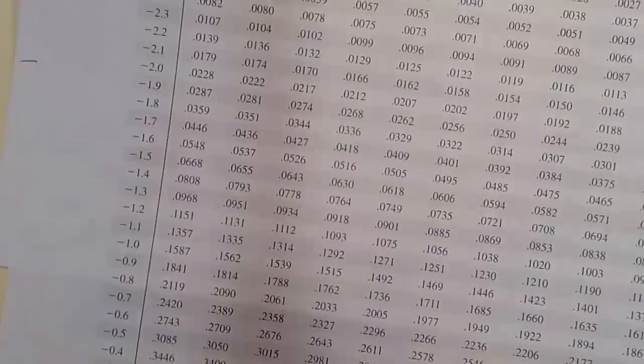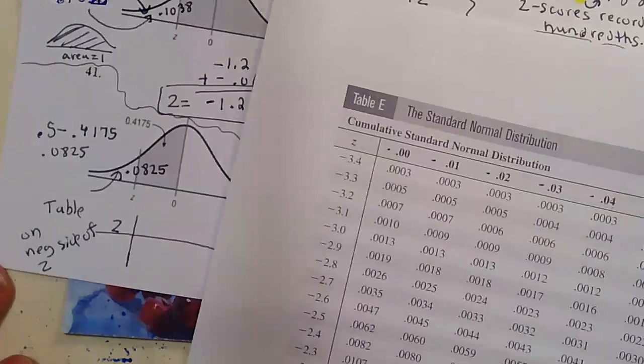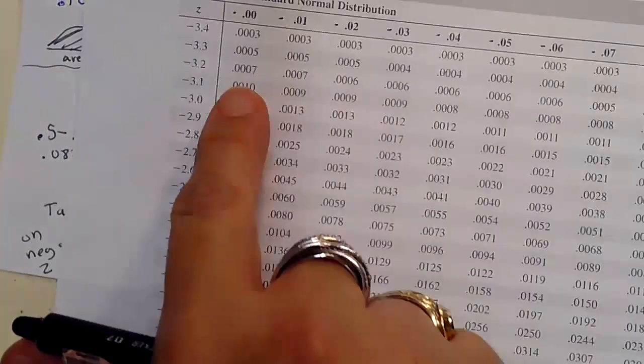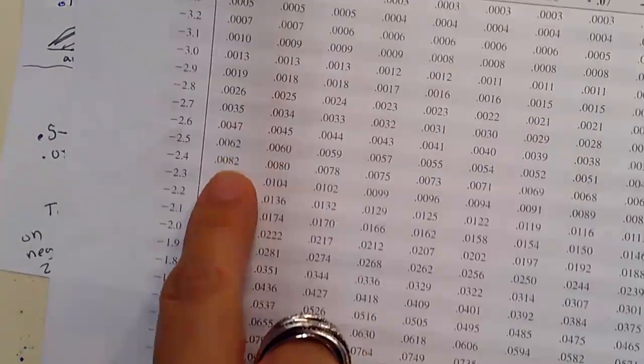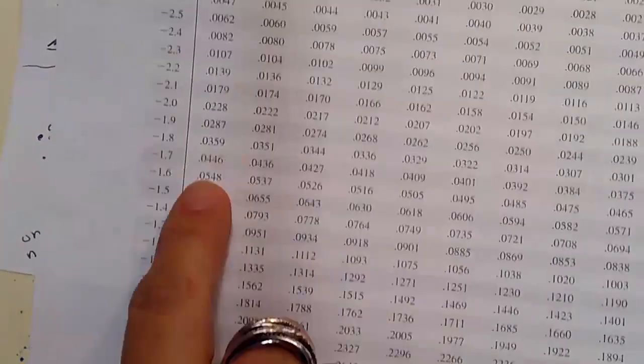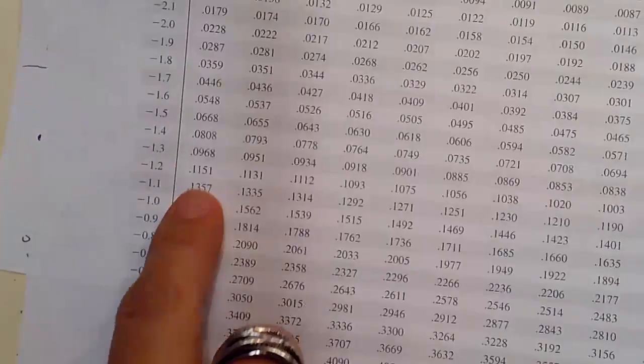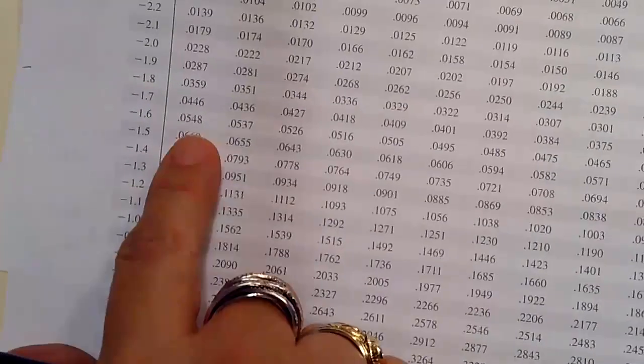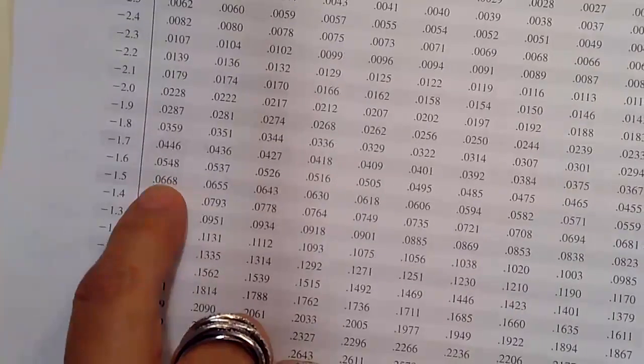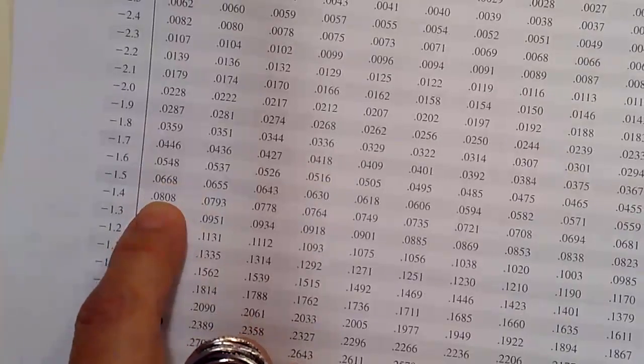So we're on the negative side of Z, 0.08. Okay, here you go, 0.08.